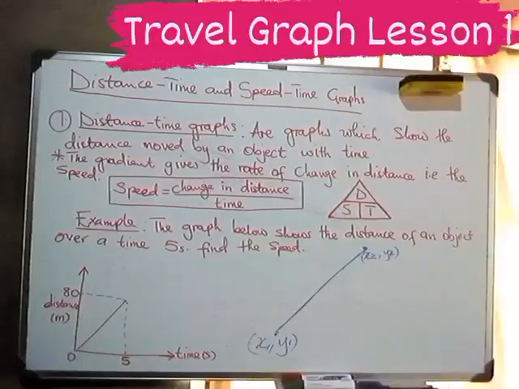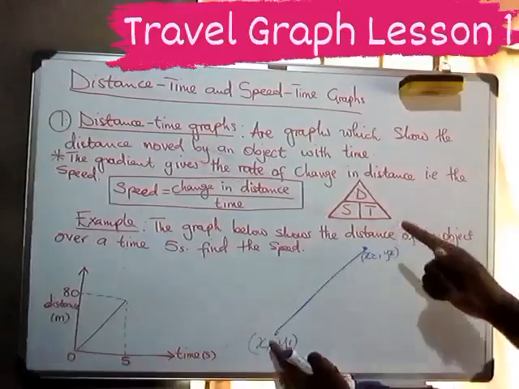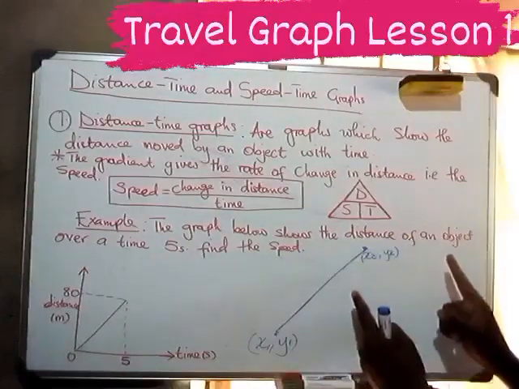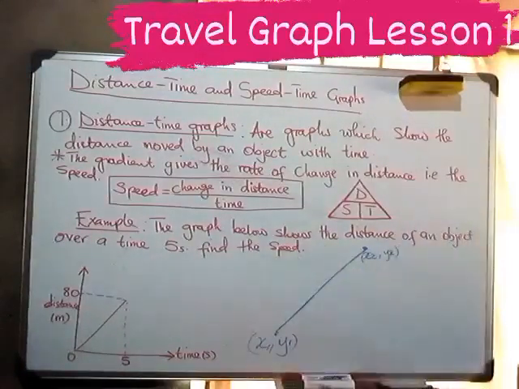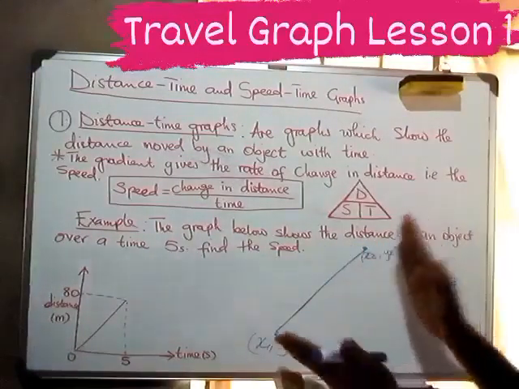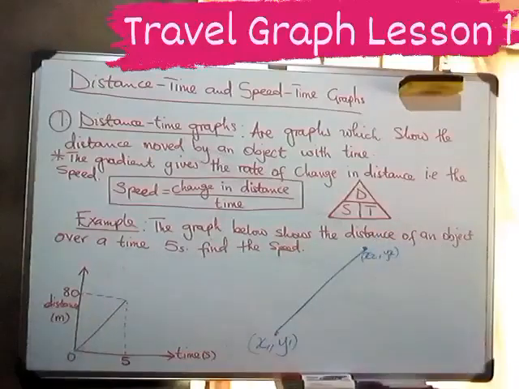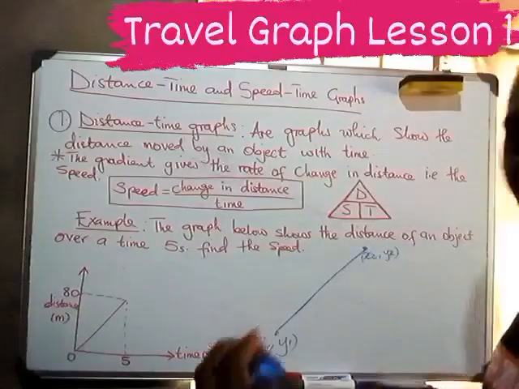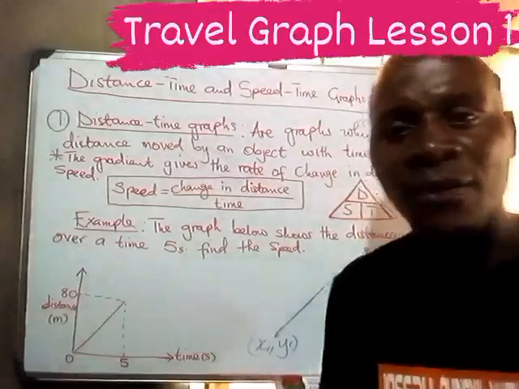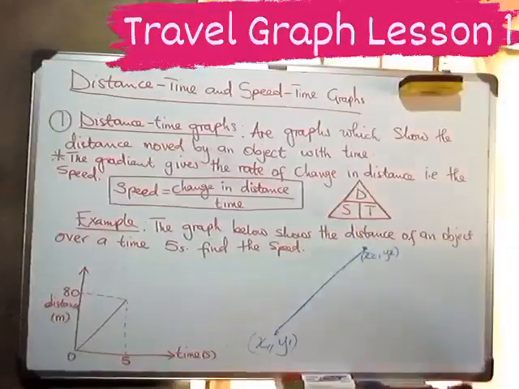So this means that when you're calculating the speed, you say speed is equal to distance covered, the distance which you cover from one point to another, divided by the time taken when you covered that distance, either by walking, by cycling, by driving. So that is what speed is all about.